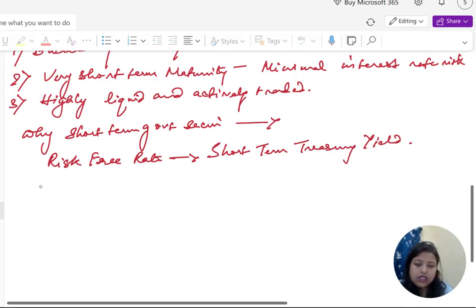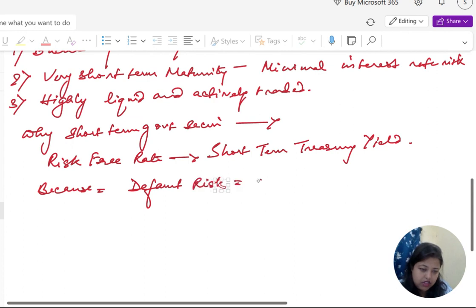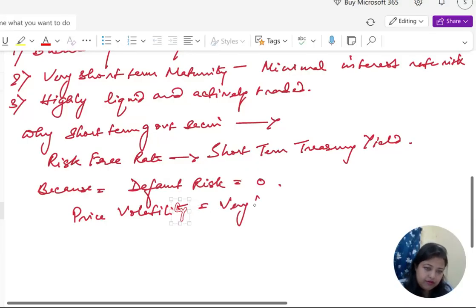And it has zero default risk and very low price volatility, which matches the theoretical assumption of certain return, that we understand.